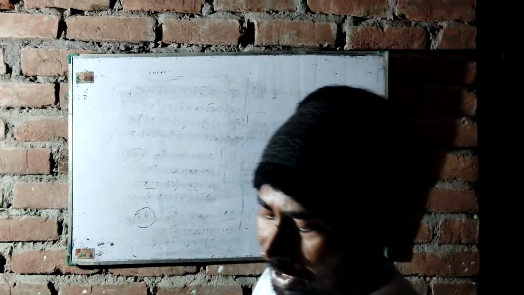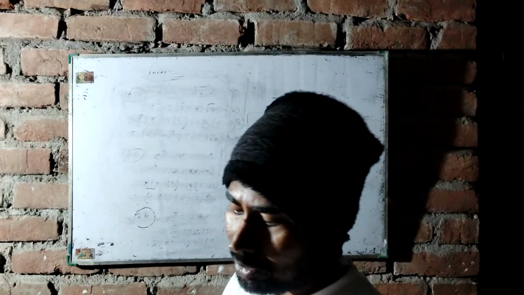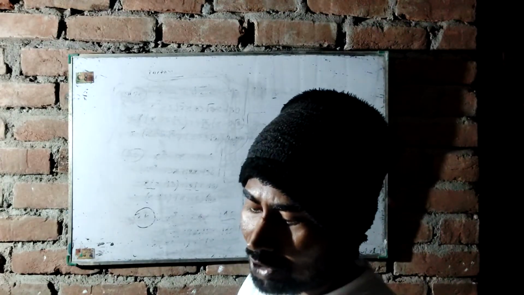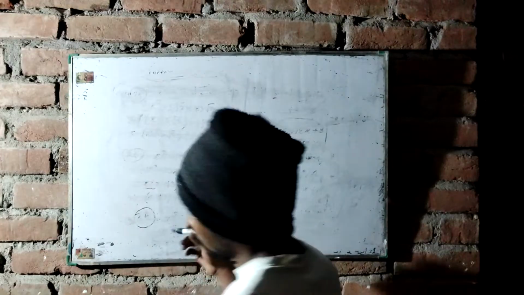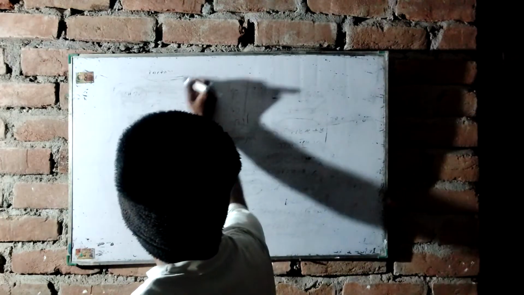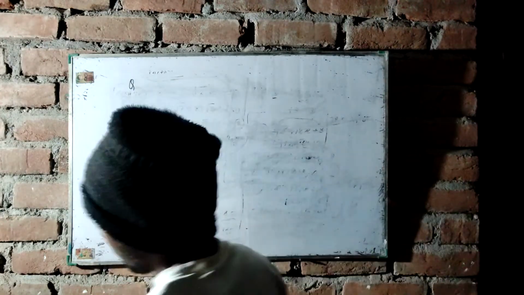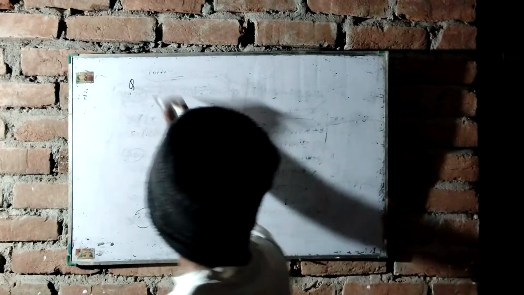Find the area of the triangle whose base measures 24 centimeter and the corresponding height measures 14.5 centimeter. Let me write the question.